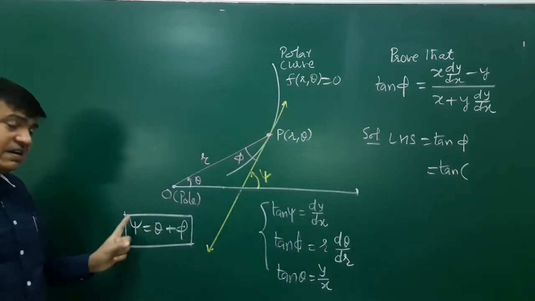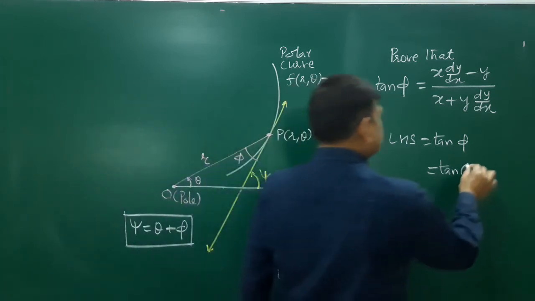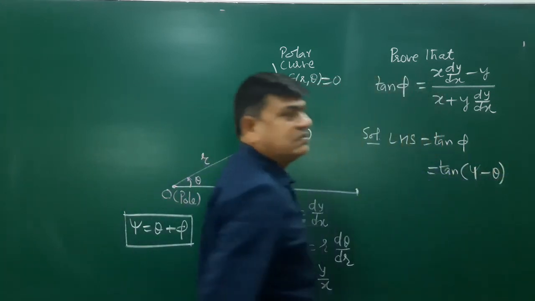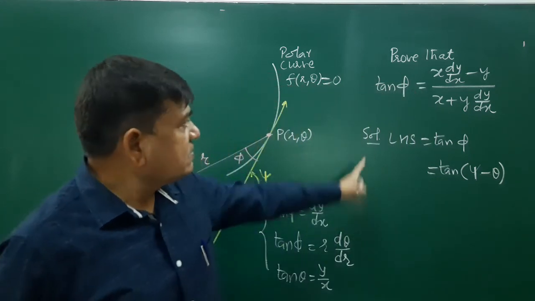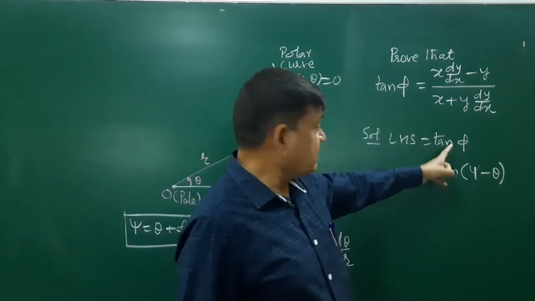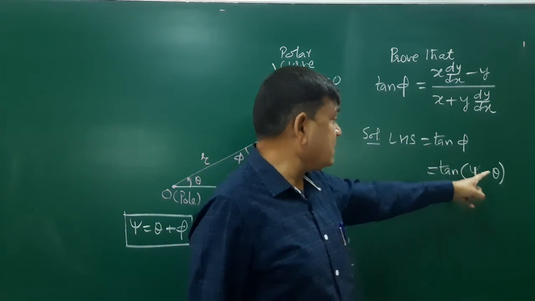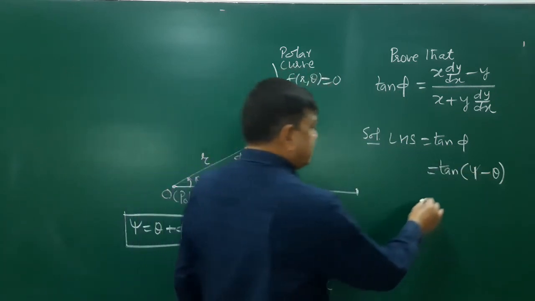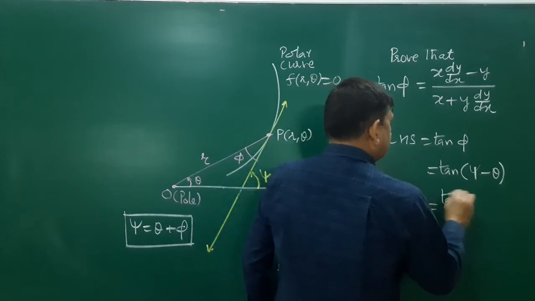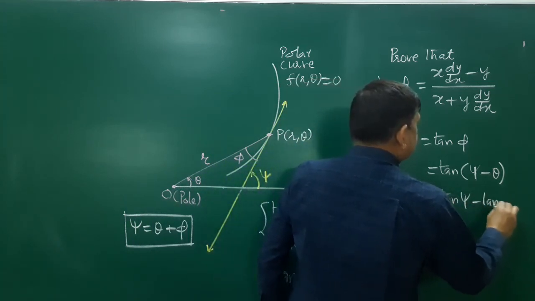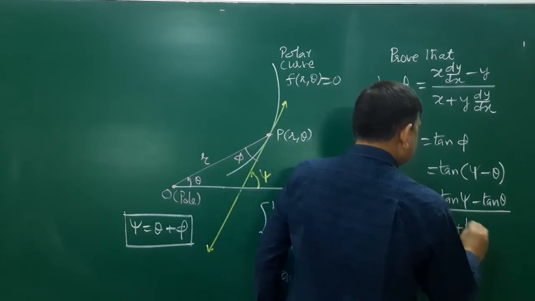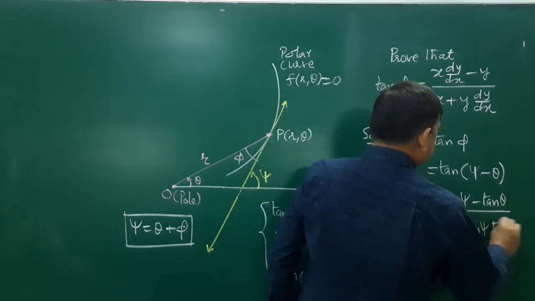Phi will be psi minus theta. From this diagram you can see this. Then we apply the formula: tan psi minus tan theta upon 1 plus tan psi tan theta.